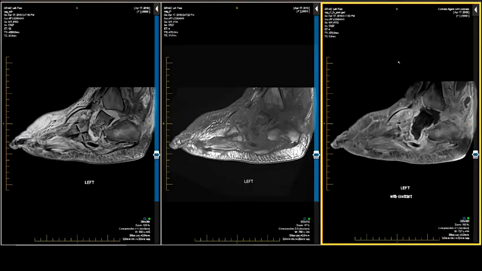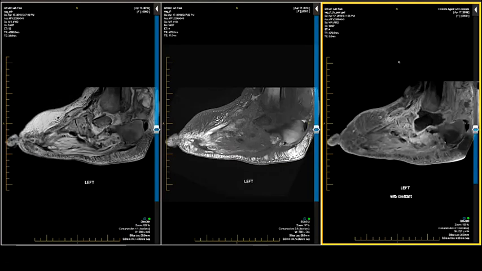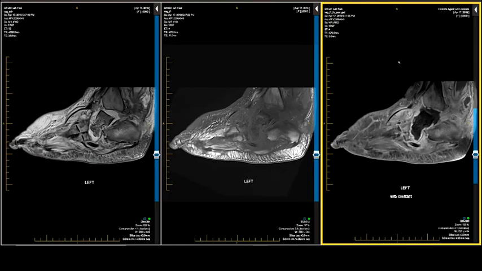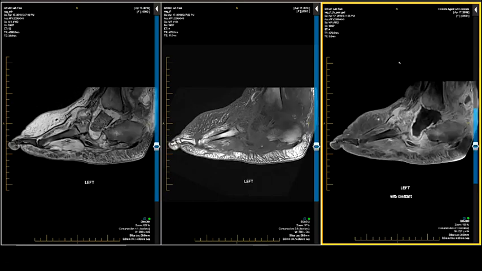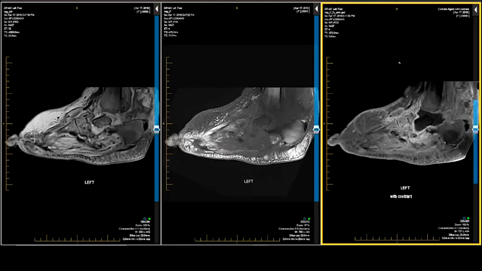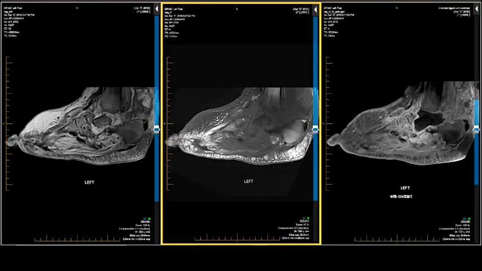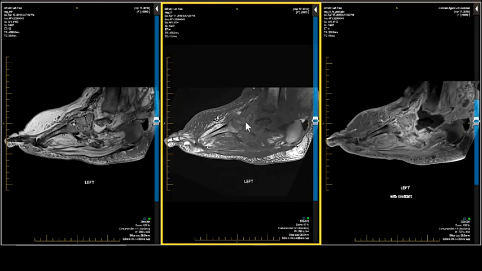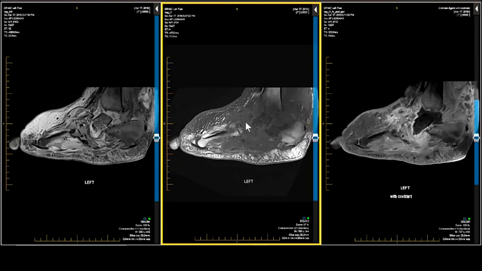Okay, so I put up all 3 of my sagittals. Now, they gave gadolinium to this diabetic with renal disease. Did we really need to? Did we really need to show that there was going to be enhancement of all these bones? Not really.